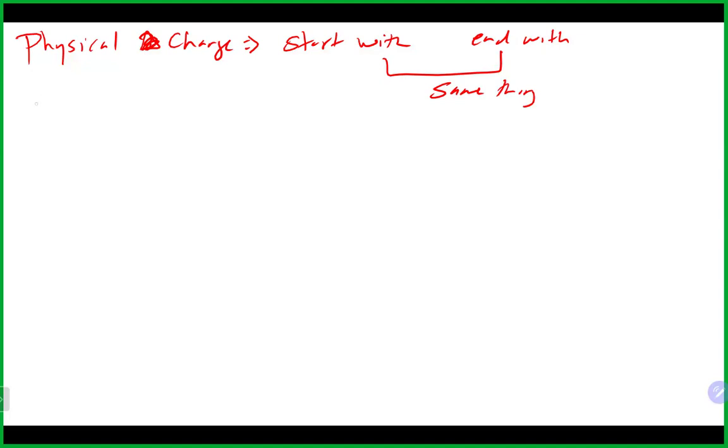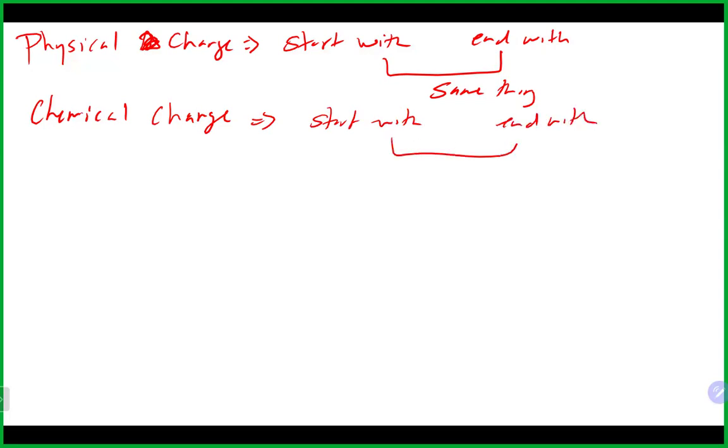And that's different than a chemical change, which was also in this chapter, which is basically a chemical reaction. In a chemical change, what you start with and what you end with are different. New things were made, basically. The key to that is you cannot get back your original components by any type of physical means. You can't boil, freeze, whatever it is. You can only do that through a chemical change.